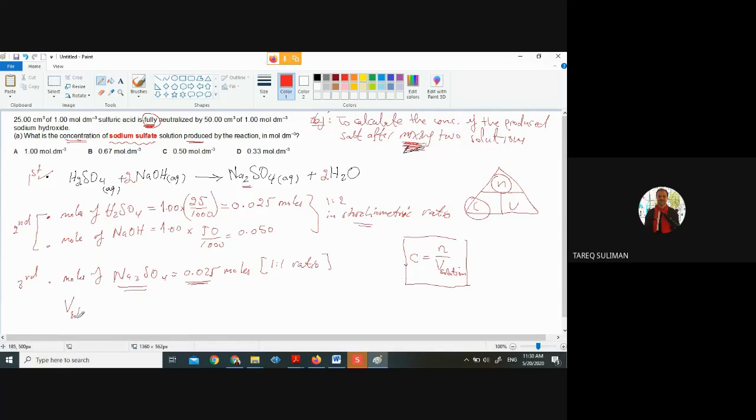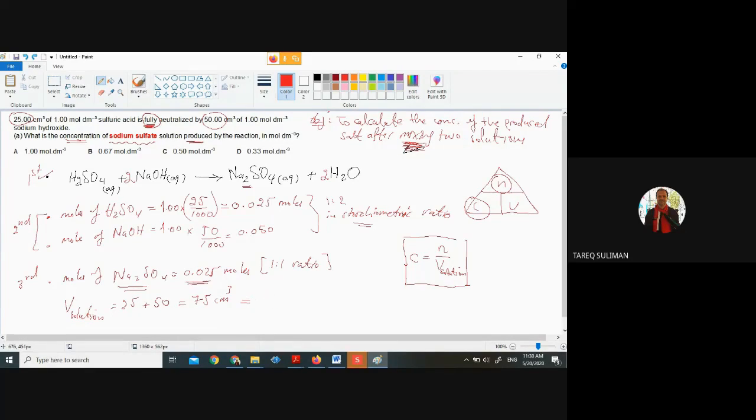What is the total volume of the solution? The volume of the solution equals what? Yes, we mixed 75: 25 of sulfuric acid and 50 from NaOH. So the total volume is 75 centimeter cube.